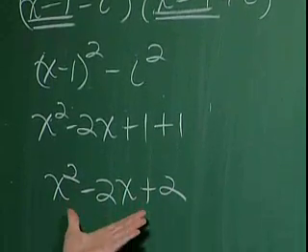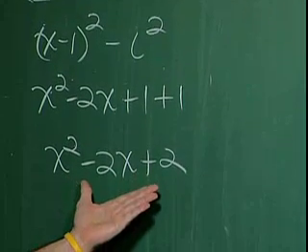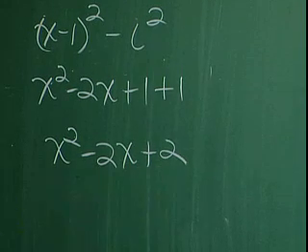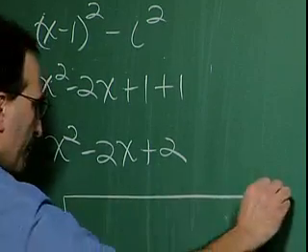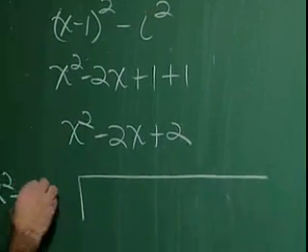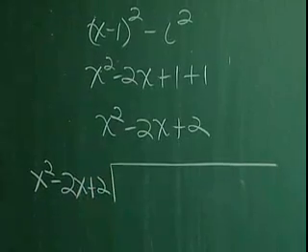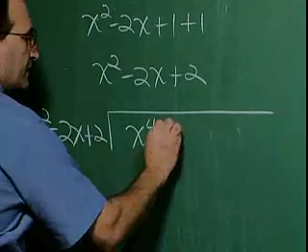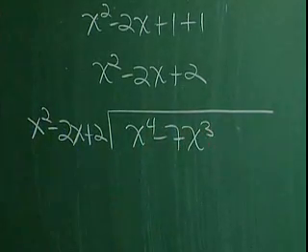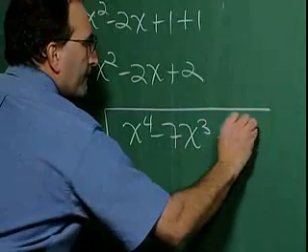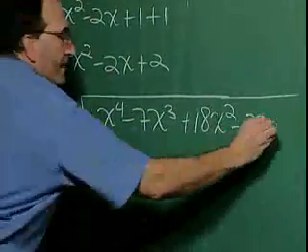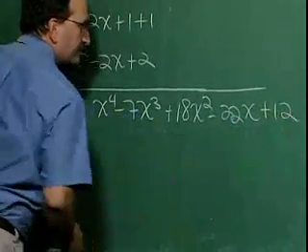And that tells us we can use this to do a long division problem and divide that into our original polynomial. So let's set that up. We have x squared minus 2x plus 2, and we're going to divide that into x to the fourth minus 7x cubed plus 18x squared minus 22x plus 12.